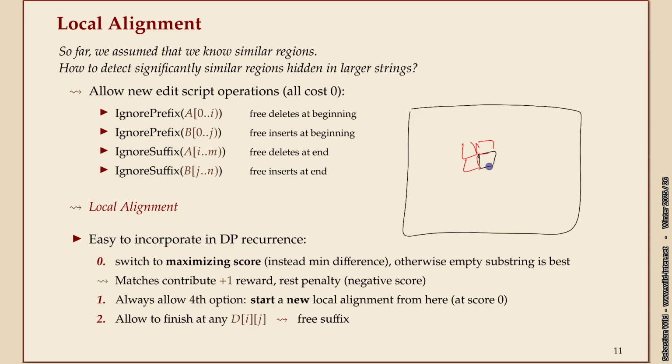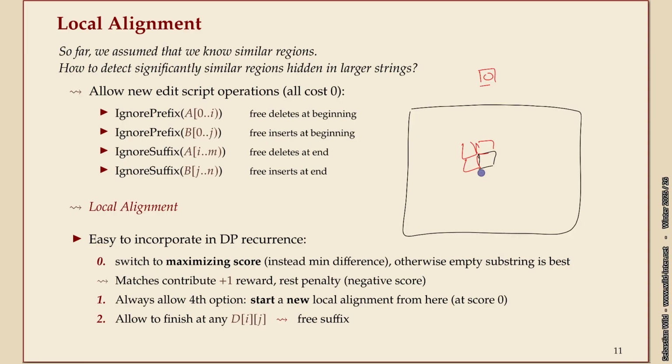And you pick the best of those three. Now for local alignments, there's a fourth option, which is just start from scratch and forget everything else. Which means there's a constant 0 that you can also use as your preceding state.